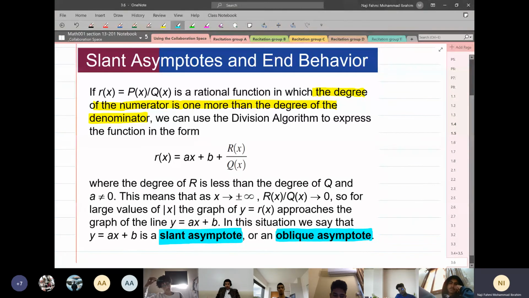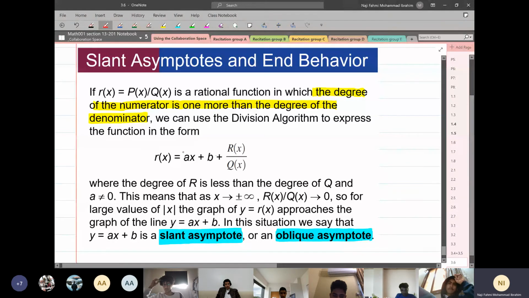So what does that mean? We will have a slant asymptote when, read the yellow statement one more time, the degree of the numerator is 1 more than the degree of the denominator. In this case we will have what? A slant asymptote. And that slant asymptote is the quotient of the division.